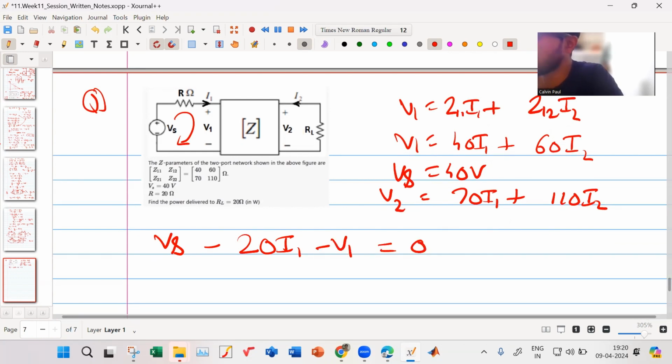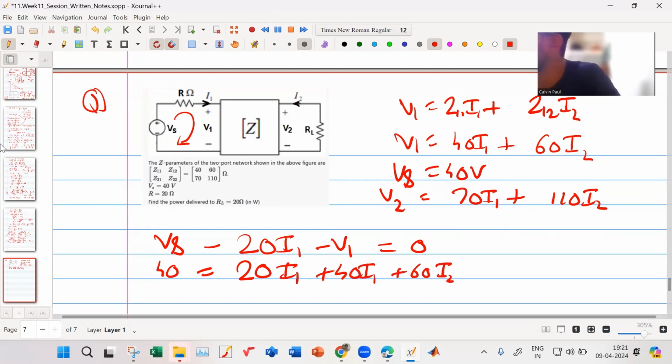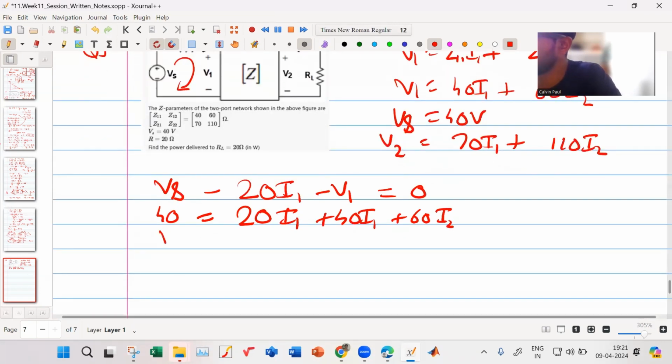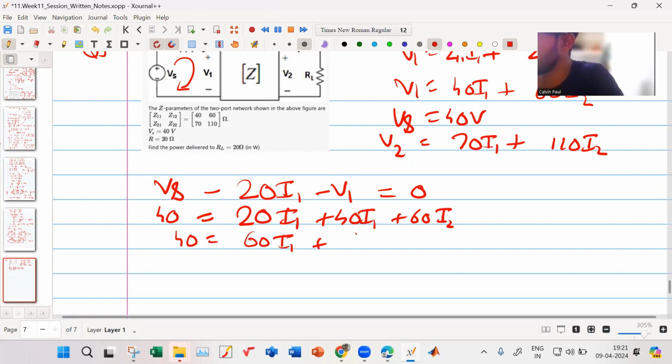So Vs, which is 40, equals 20 I1 plus V1, and V1 is 40 I1 plus 60 I2. So 40 is equal to 60 I1 plus 60 I2. Dividing both sides by 20, I get 2 is equal to 3 I1 plus 3 I2. So this is my equation A.